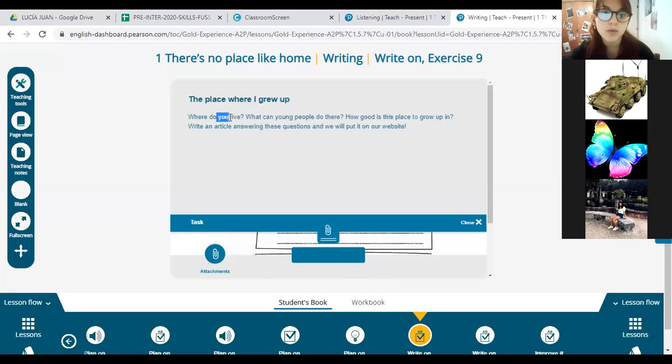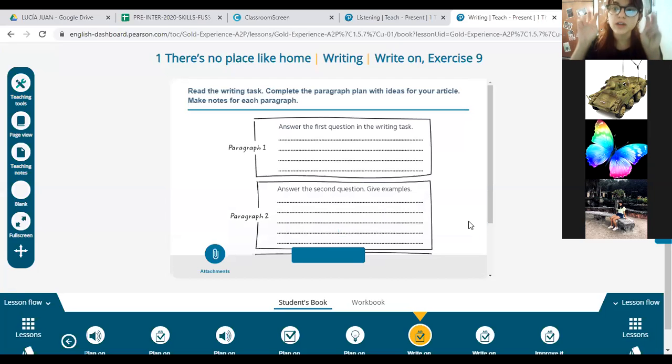You're going to say, where do you live? First, name the place. What can young people do in that place? How good is it a place to grow up? You have to write the article and it will be posted on the website. We're not going to post it anywhere. It's just for the sake of hypothetical fun.